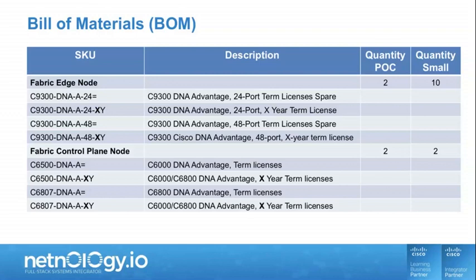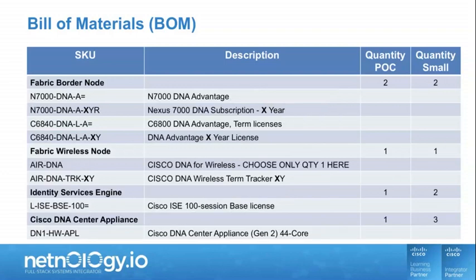If the customer's network is not big enough, both of them can be combined, control plane nodes and the border nodes. We can probably use Catalyst 9500s, or Nexus 7000 is a good option where all of this can be combined depending on the customer needs and requirements. Same thing goes for the wireless nodes.